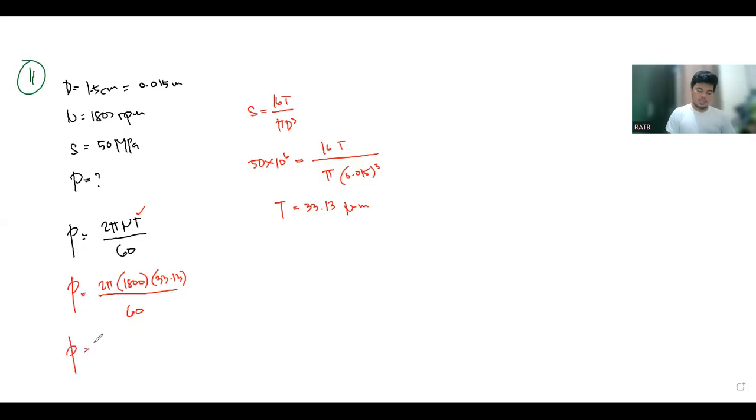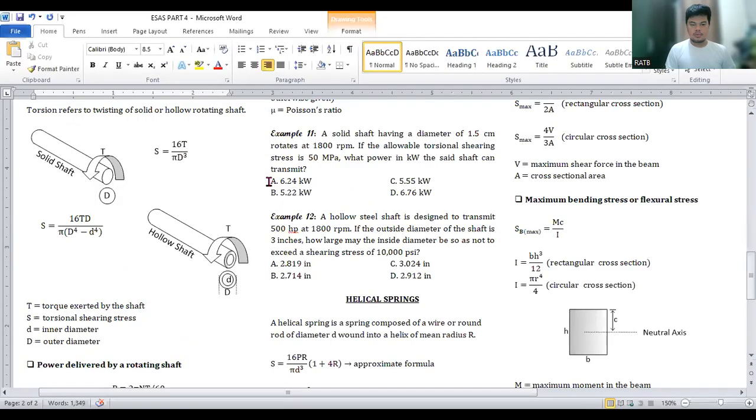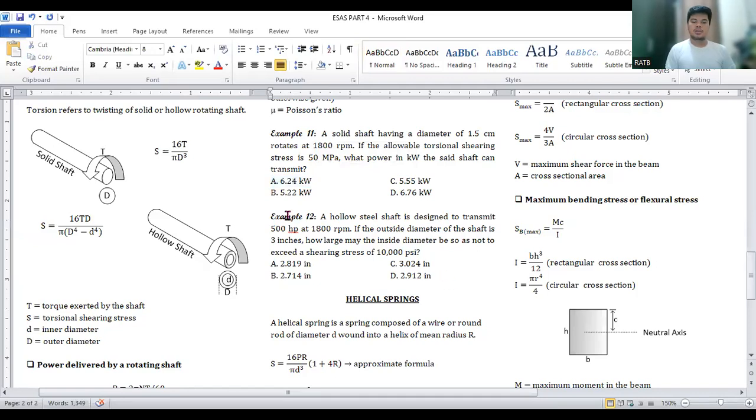Power then is 6,244.9 watts, or 6.24 kilowatts. So that would be for item number 11: 6.24 kilowatts.